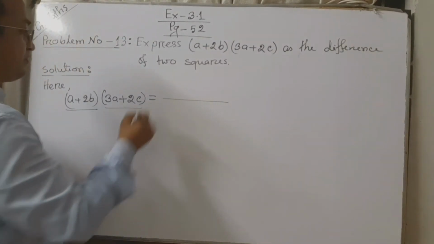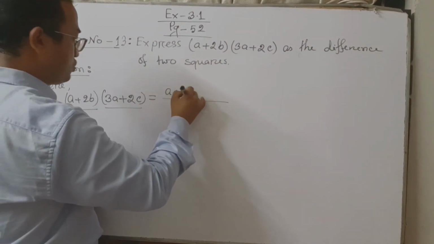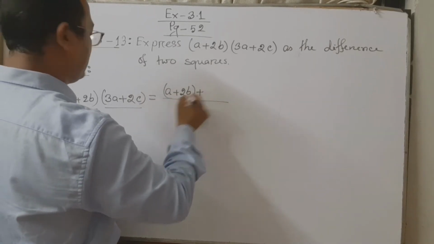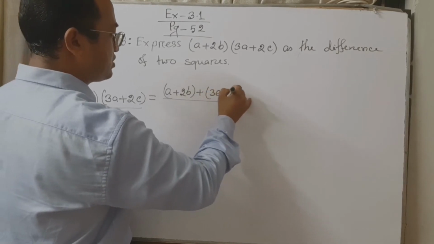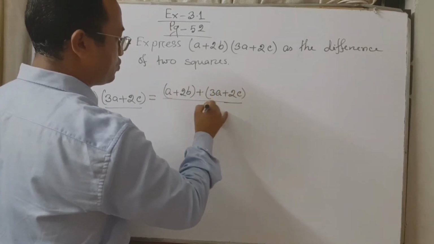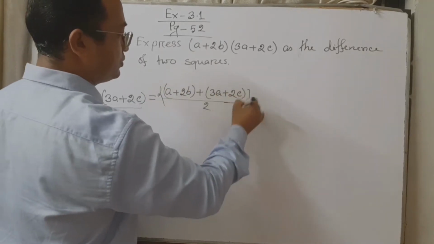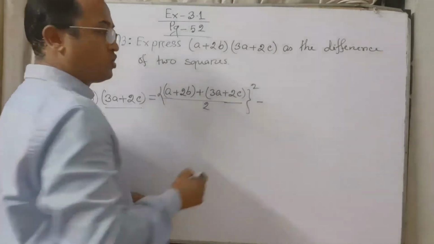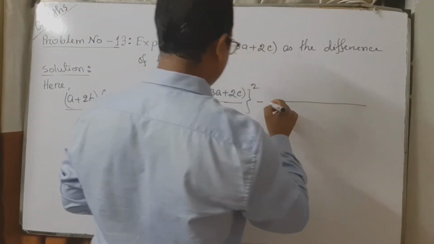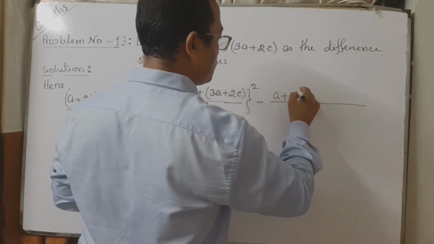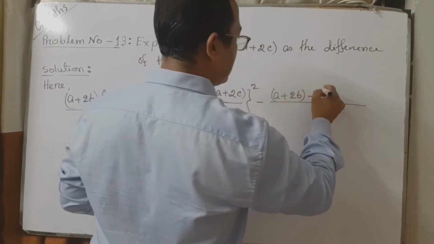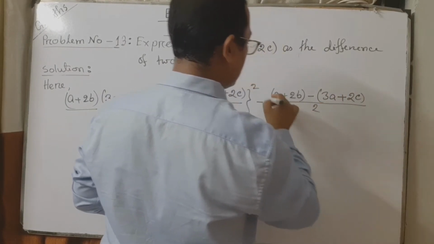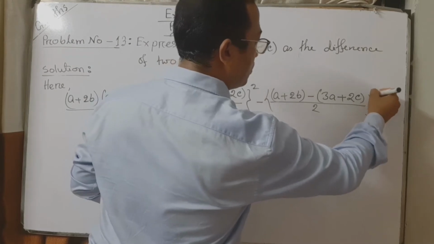Here a means a plus 2b, b means 3a plus 2c. So ((a plus 2b plus 3a plus 2c) by 2) whole square minus ((a plus 2b minus (3a plus 2c)) by 2) whole square.